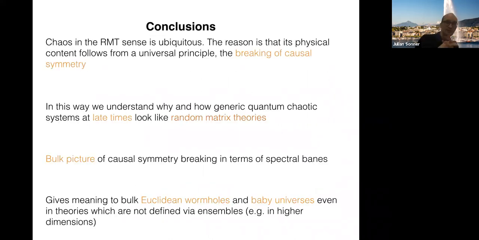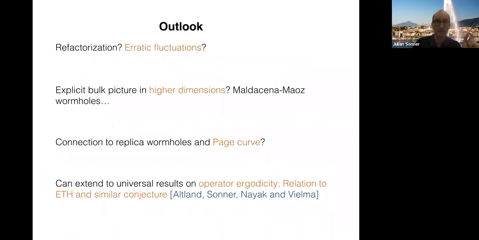So let me conclude. Actually, many of the things have already been anticipated. There is a bulk picture of causal symmetry breaking in terms of actual branes. This basically associates this idea of Euclidean wormholes to this topological expansion of our EFT.